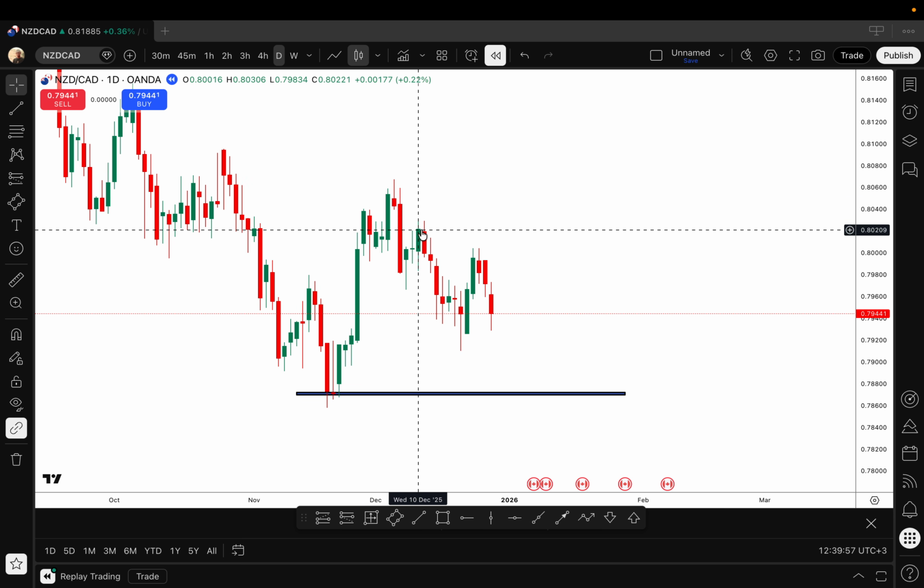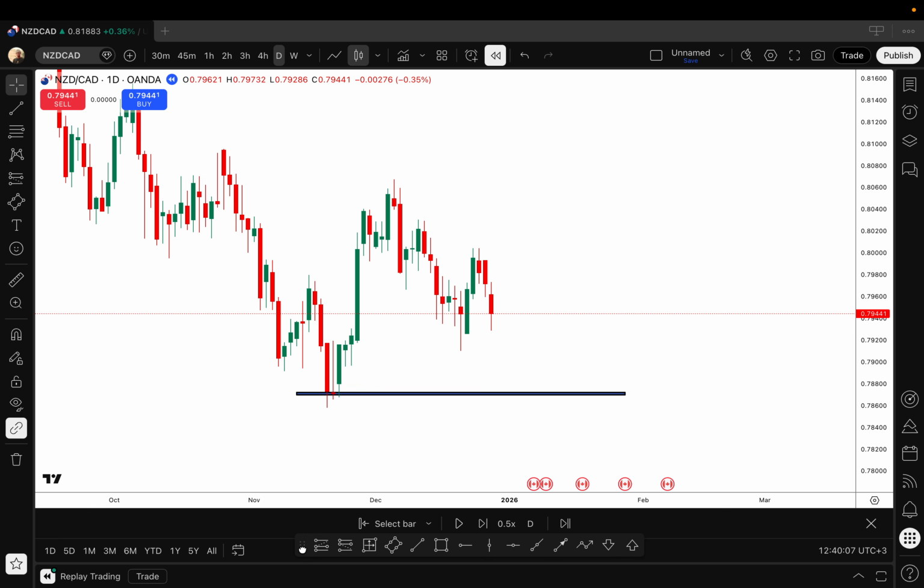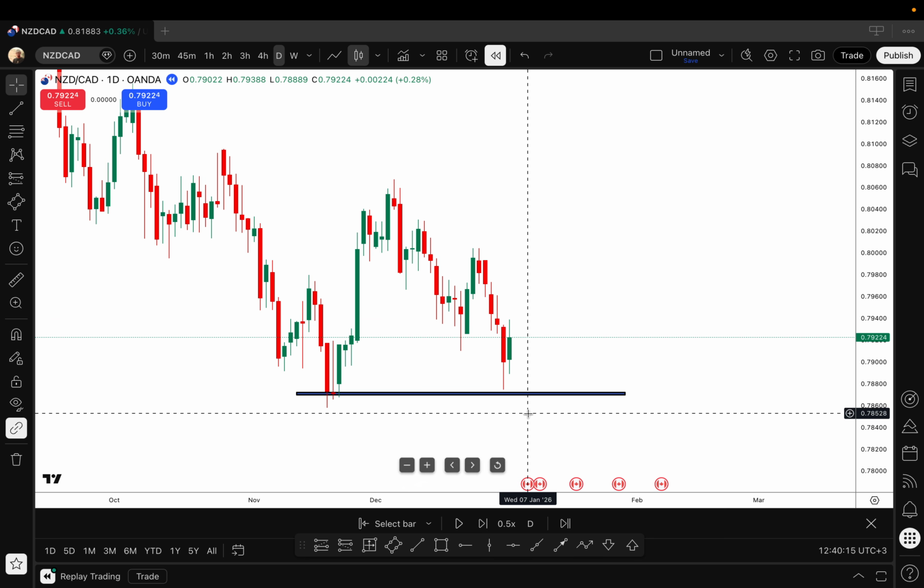So we wait patiently for price to come back to the zone. Good. I'm just going to play price forward, and then we wait for it to drop down. So price drops down to the zone.